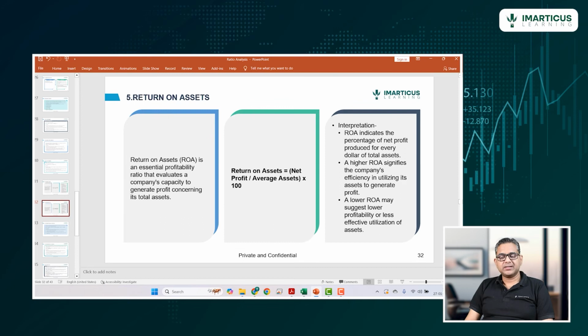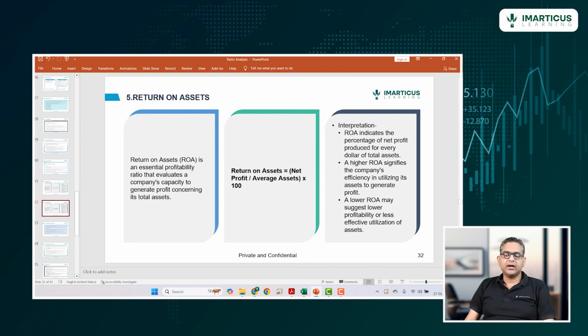So return on assets is net profit upon average assets into 100. Again, it's a mixed ratio, with the numerator being an income statement item for the period, and the denominator being a balance sheet item at a point in time.